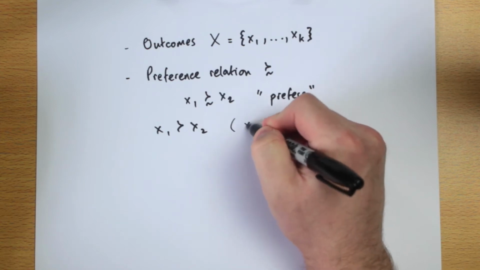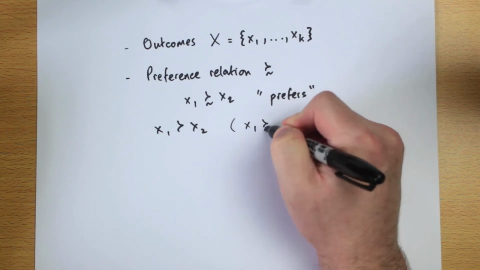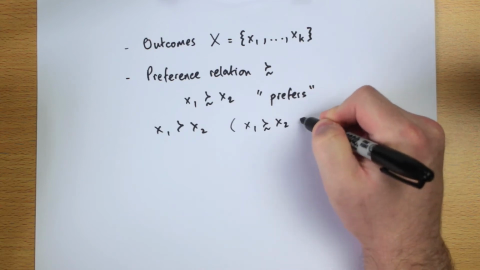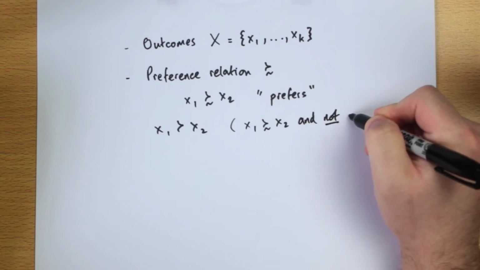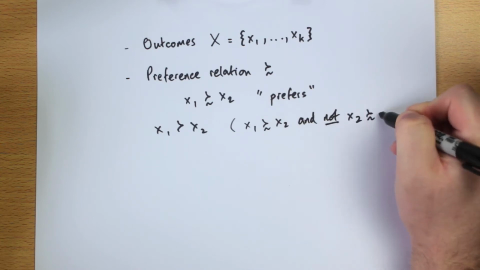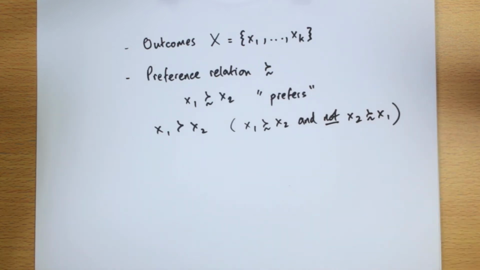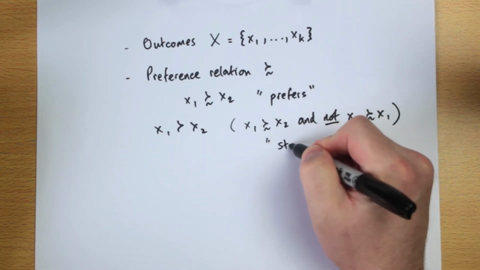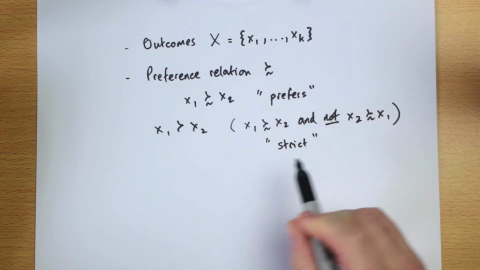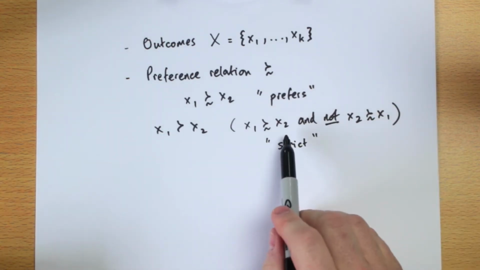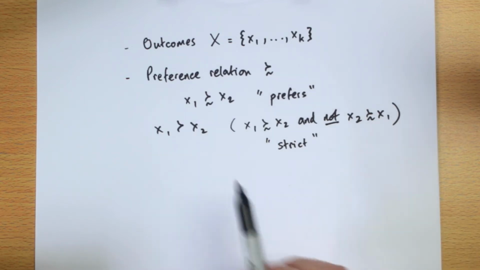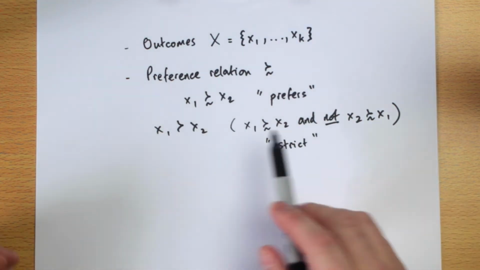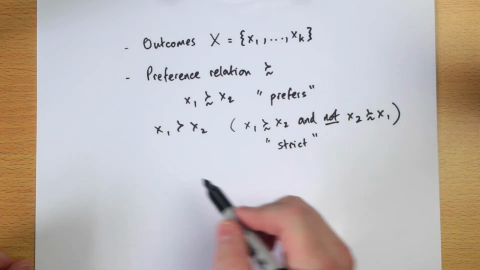So this means the same as saying the decision maker prefers x1 to x2, and he does not prefer x2 to x1. Okay? So that would be what we call strict preference. If I prefer x1 to x2 and I don't prefer x2 to x1, then I strictly prefer x1 to x2. Okay, so that's what we mean by strict preference, a concept derived from this weaker preference concept.